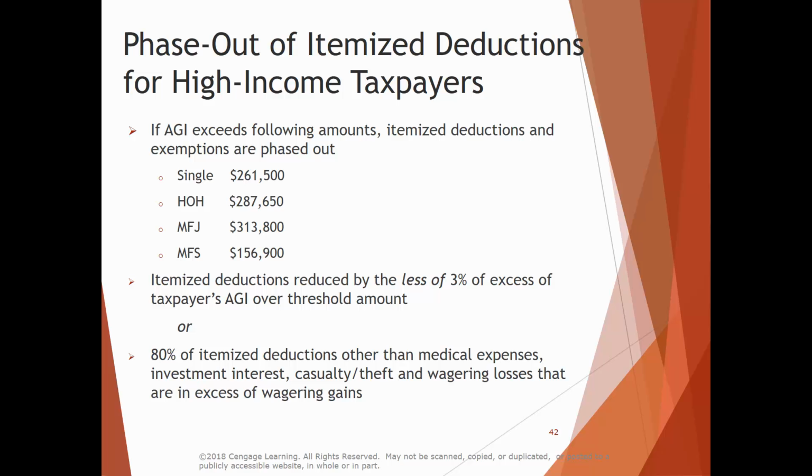All my itemized deductions start going away once my AGI gets to 313.8. So if I'm super high income, I could lose all my itemized deductions. So this was a very bad thing for high income taxpayers. I think this whole phasing out concept has gone away. So obviously it's beneficial to high income taxpayers.